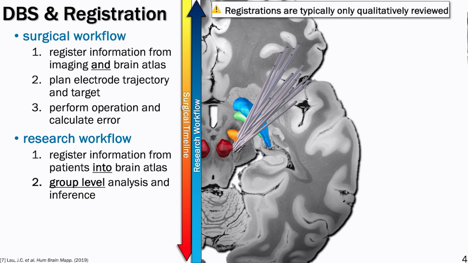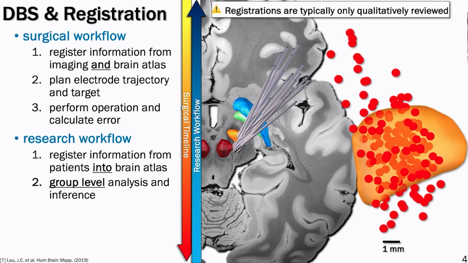What I want to emphasize is many of these registrations are typically only qualitatively reviewed. And so when we look at the STN, which spans about 11 millimeters in maximal histological dimension, and look at the point cloud of the electrodes or electrode contacts, a good question to ask is how much of this variability that we see is biased or influenced by registration.